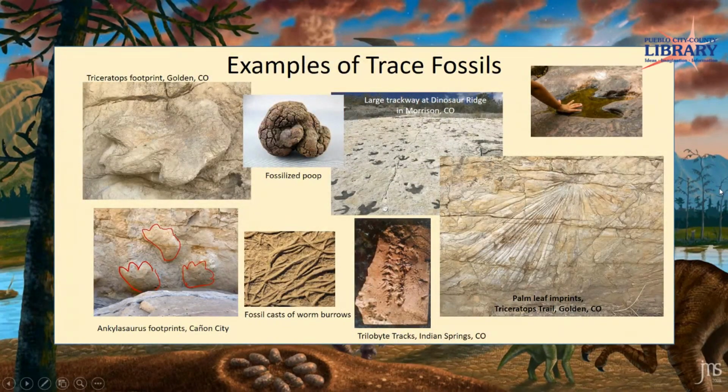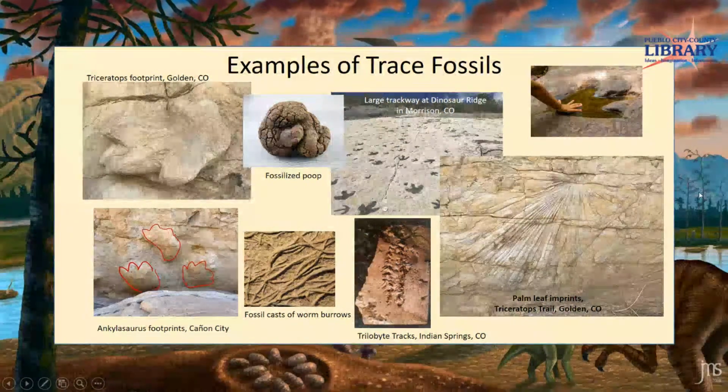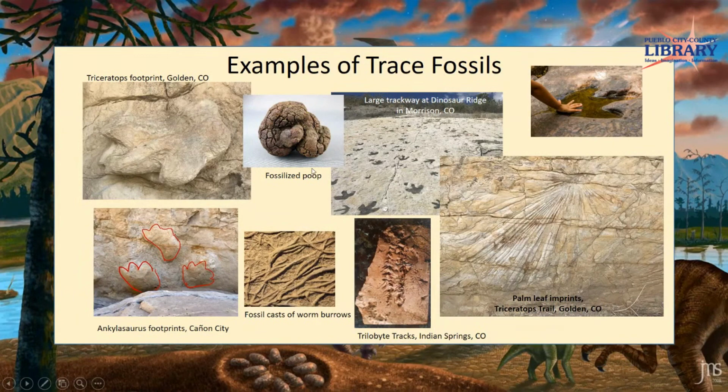And then trace fossils. Remember, these are the ones that are not actually part of the animal or plant, but what they've left behind from their activities. So this is a large trackway with lots of different kinds of dinosaur footprints that is just a couple hours or so from here in Morrison, outside of Denver.